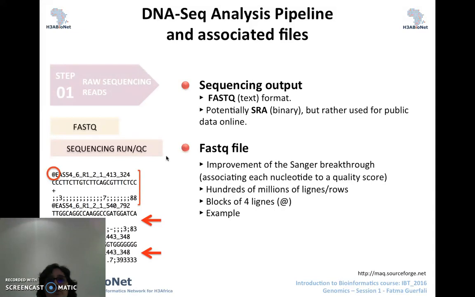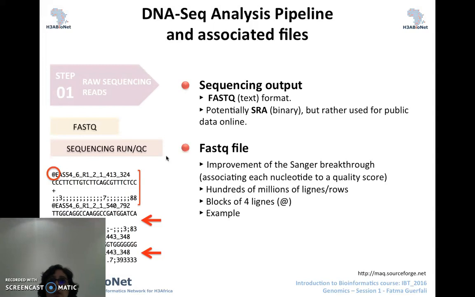So thanks to the FASTQ files, the same concept can be maintained, because in these files you have, despite the huge amount of data generated, a calculation of the quality of each of the bases, and this is reported in the file. So you have not only the sequence of your read, but also the quality that is associated to it in a single file.